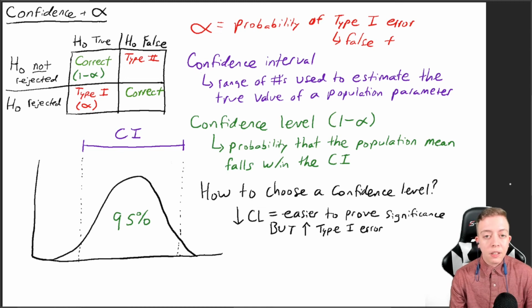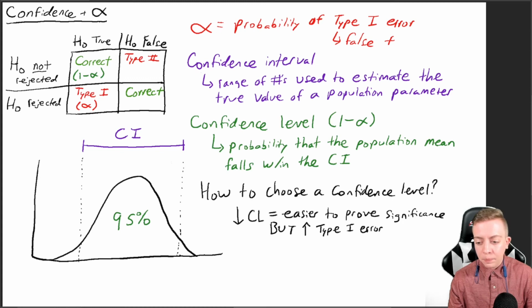However, remember that alpha is also the probability of type 1 error. So if my alpha is 0.2 instead of 0.05, 0.2 is pretty high for a probability of type 1 error.